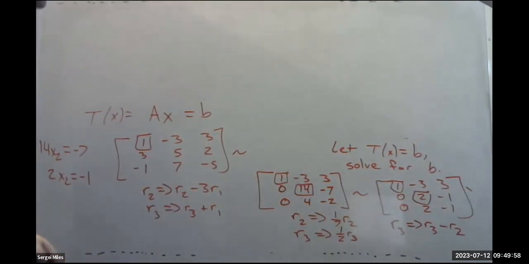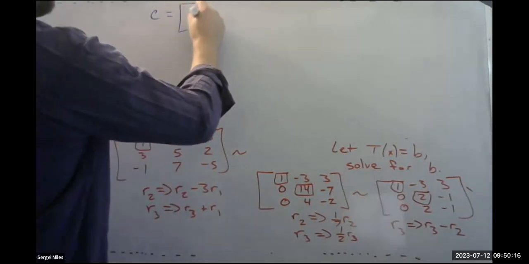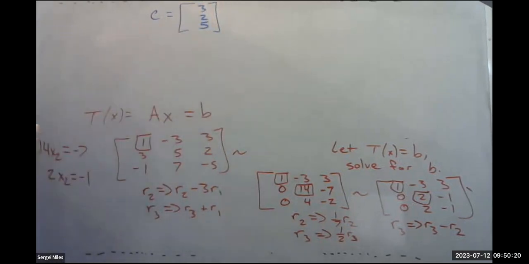Well, what if instead we have c equals 3, 2, 5, right?